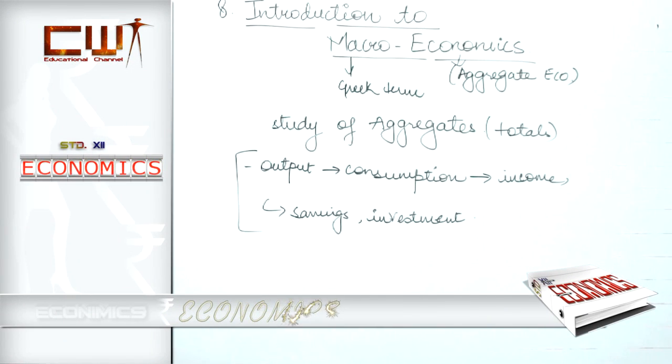Macroeconomics helps in understanding the functioning of the economy as a whole. It helps the government in framing economic policies. It also helps the government to solve unemployment problems and so on.